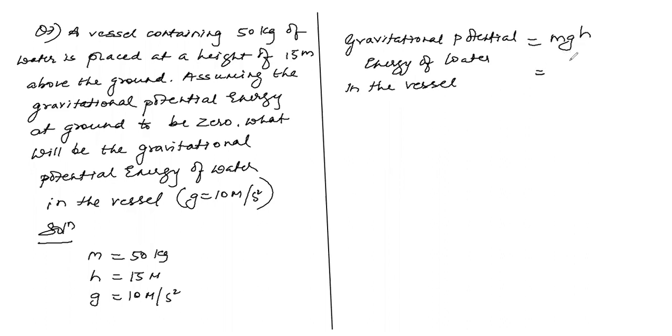Got it? m is how much? 50. What is g? 10. And what is h? 15. So 7,500 joules. The gravitational potential energy of water is 7,500 joules. Okay, children? A very simple sum. I hope people are understanding.